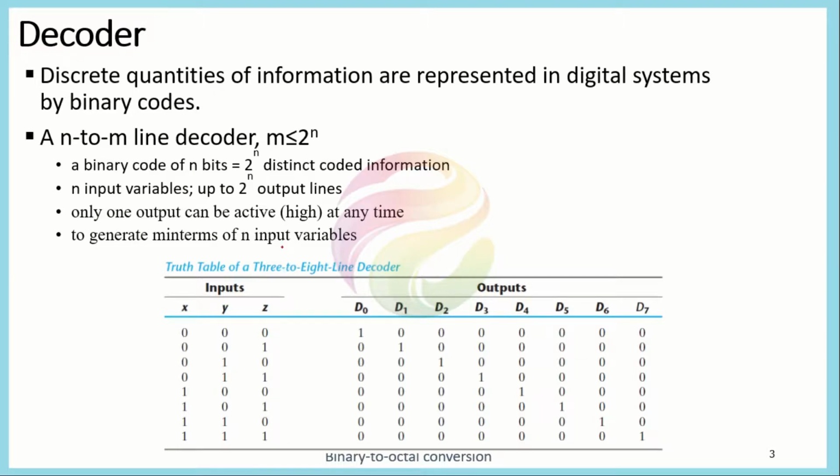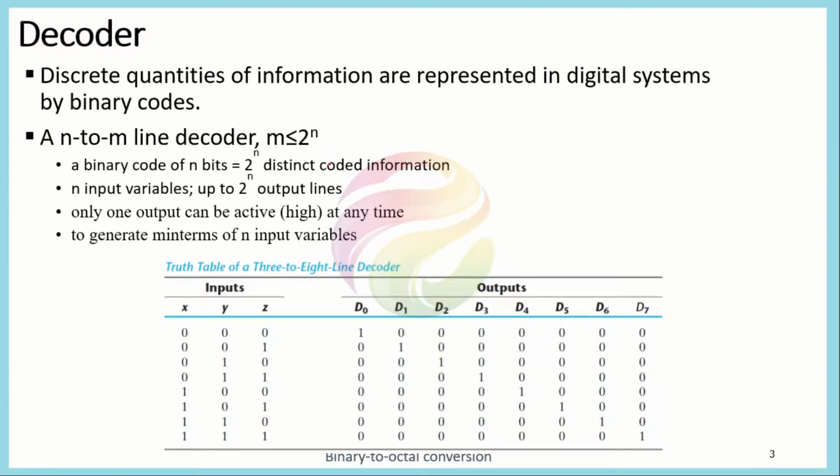So we will see how this decoder function works, and we will also design a circuit diagram for decoders of different configurations. We will be discussing the decoder in the form of an n to m line decoder, where m should always be less than or equal to 2 raised to the power n.